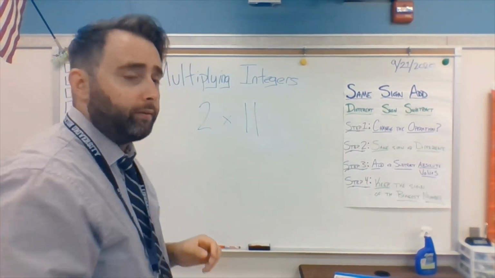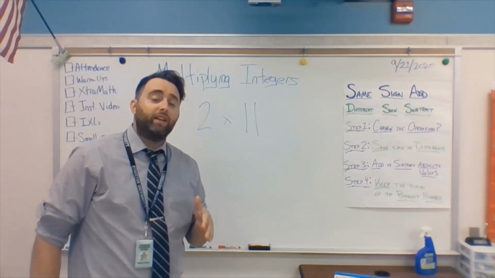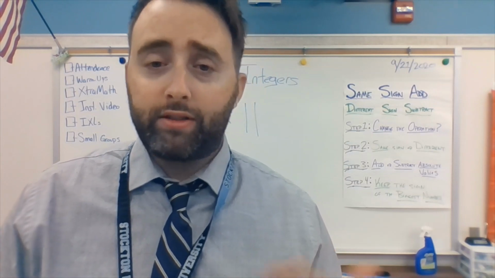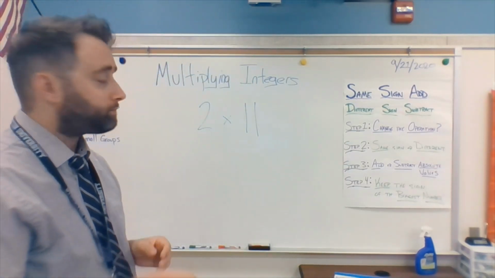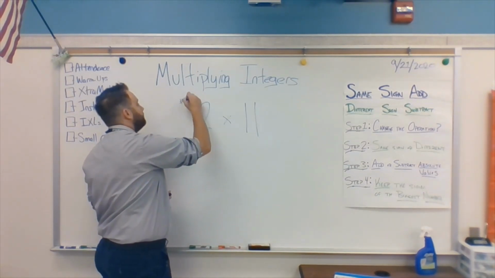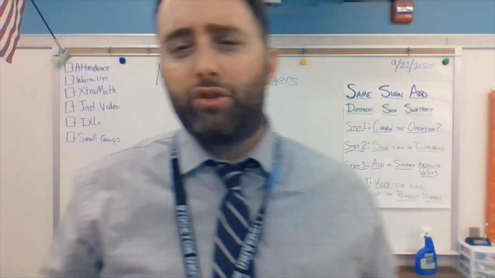I have problem number one here. You will get, once again, a worksheet that corresponds with the small groups that we will be doing today and tomorrow. We're doing them Wednesday and Thursday, but you'll have a different worksheet. So, this is problem number one on your small group worksheet. 2 times 11. Mr. Nucci, that's not integers. Yes, it is.